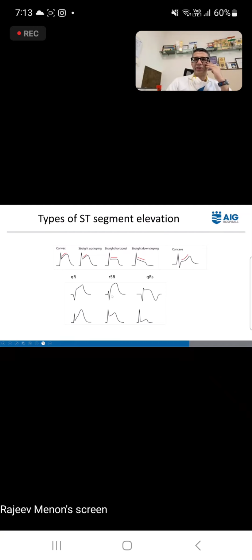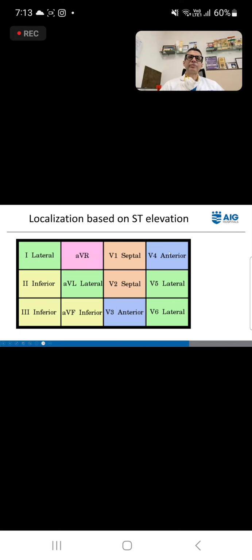We'll show you some ECGs like that, where it is mistaken for a broad QRS complex. I know you won't be believing me yet, but we'll show you some ECGs and then you'll realize how not uncommonly you can commit that mistake. Okay, so those are the different types of ST elevation which you should be aware of.